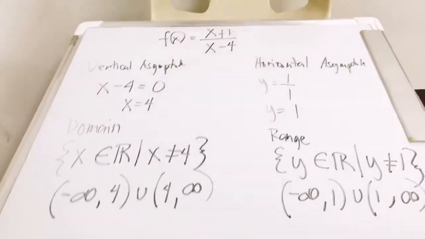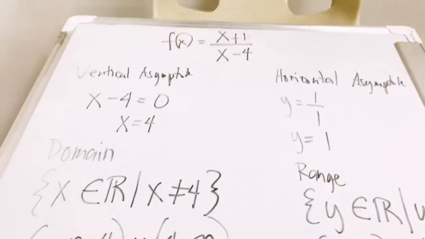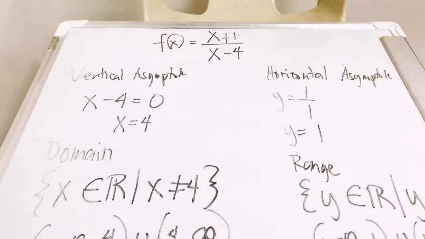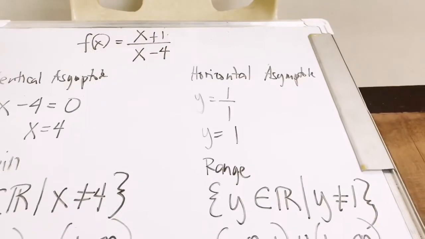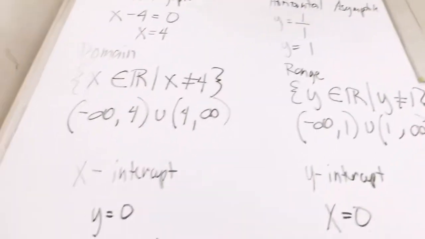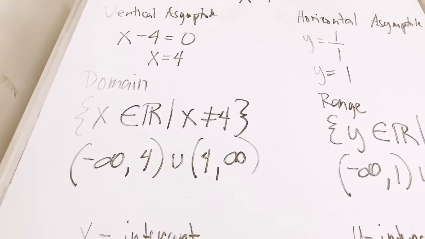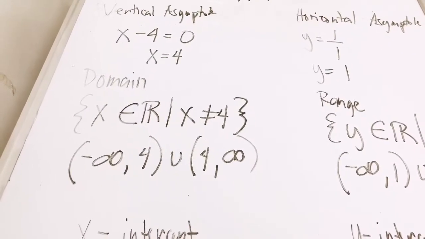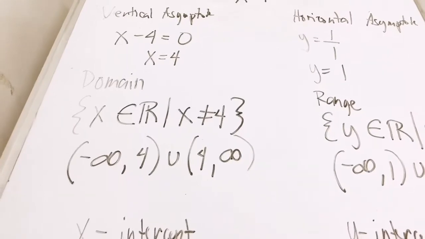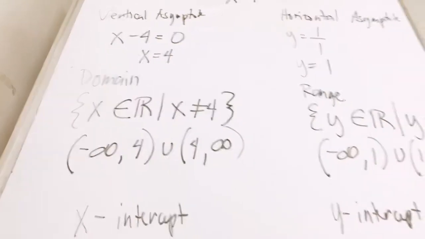So, the answers are: for the vertical asymptote, we have x is equal to 4. Horizontal, we have y is equal to 1. The domain, we have x is an element of real numbers such that x is not equal to 4, or negative infinity to 4, union of 4 to positive infinity.